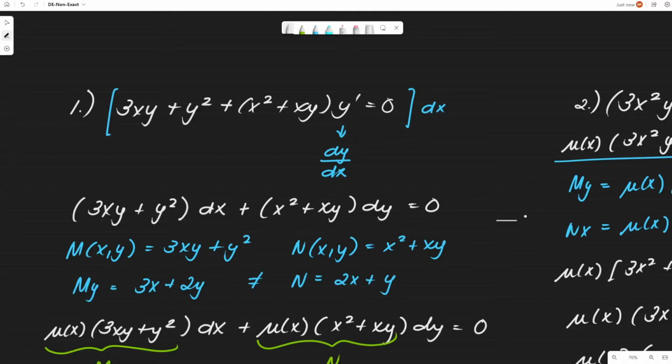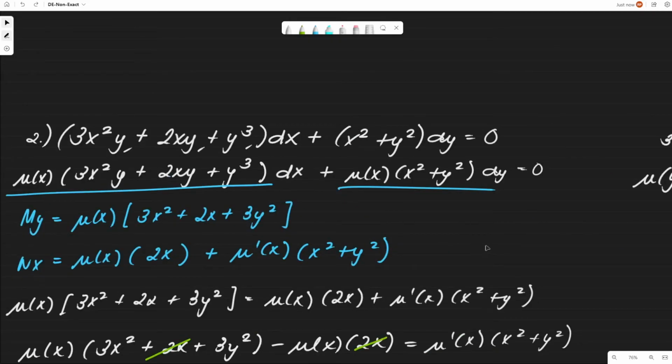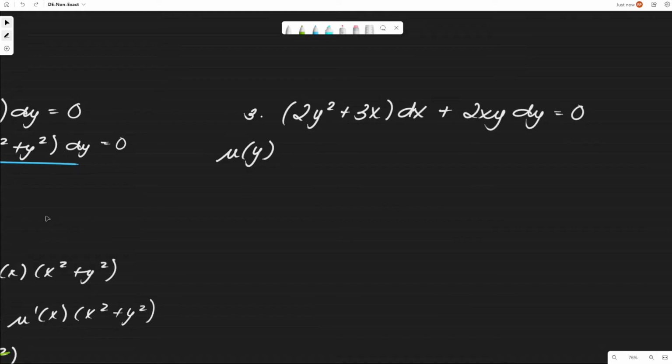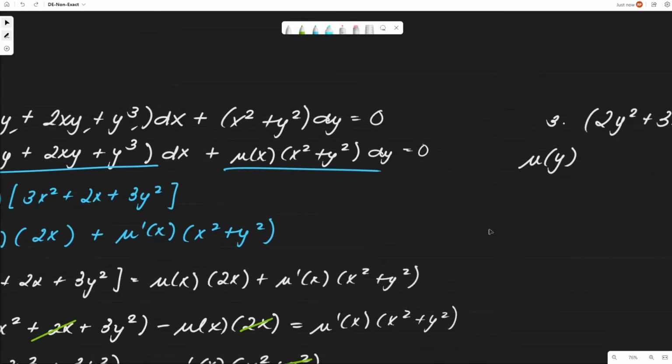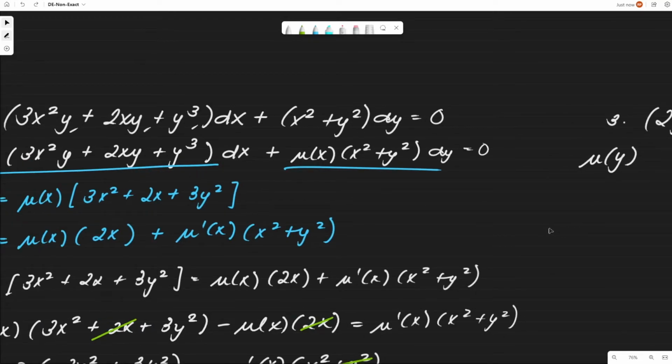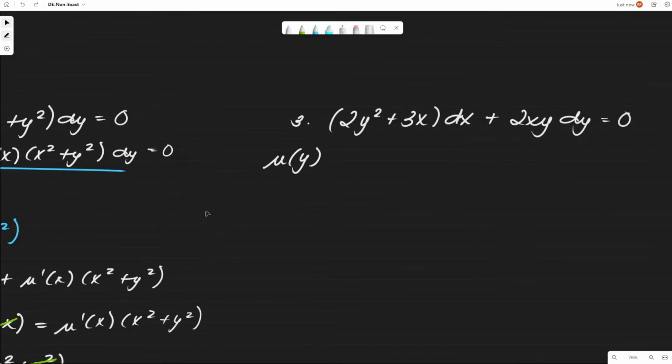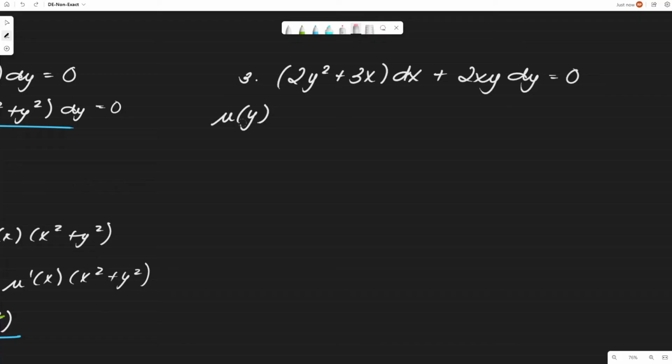But in this case, dun kasi sa number 3 example natin, mas marami yung exponents ni y, so that is 2 versus 1. Tama ba? Yeah. Oo. So 2 versus 1 with y. So this is still mu of x pa pala. Ayan. So this is still mu of x.